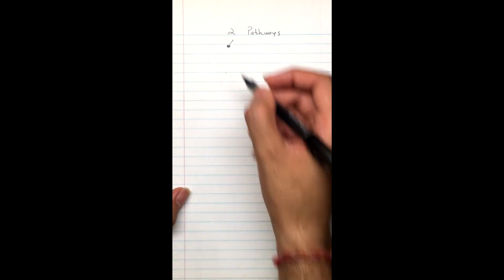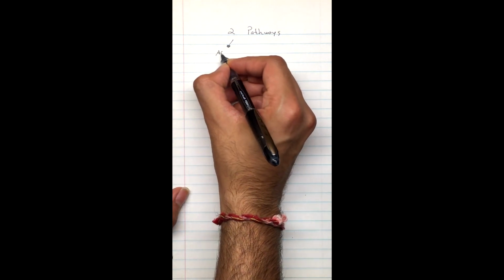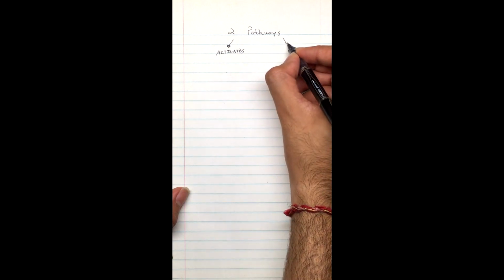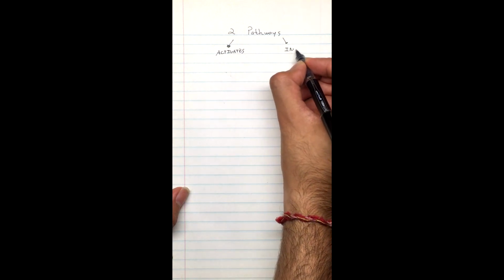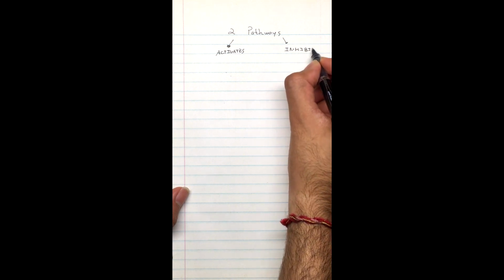We need something that activates behaviors that we want to perform, and we want a pathway that inhibits, I-N-H-I-B-I-T-S, pathways that we don't want.